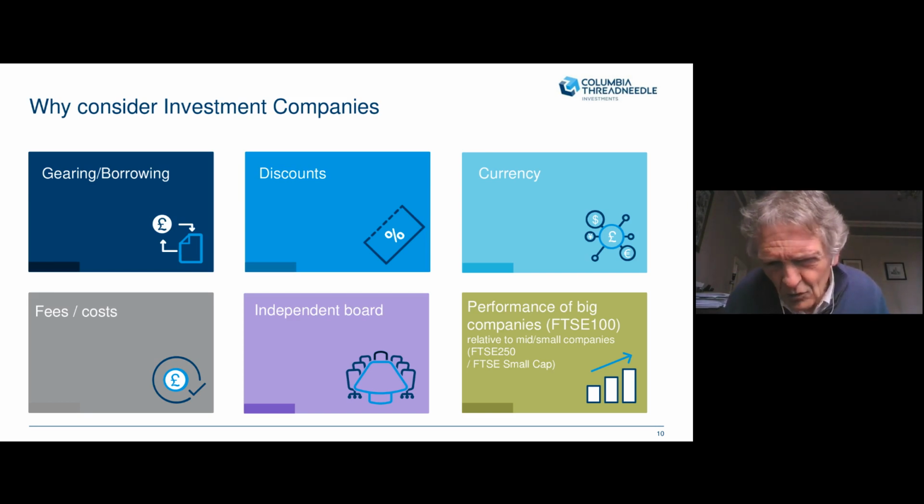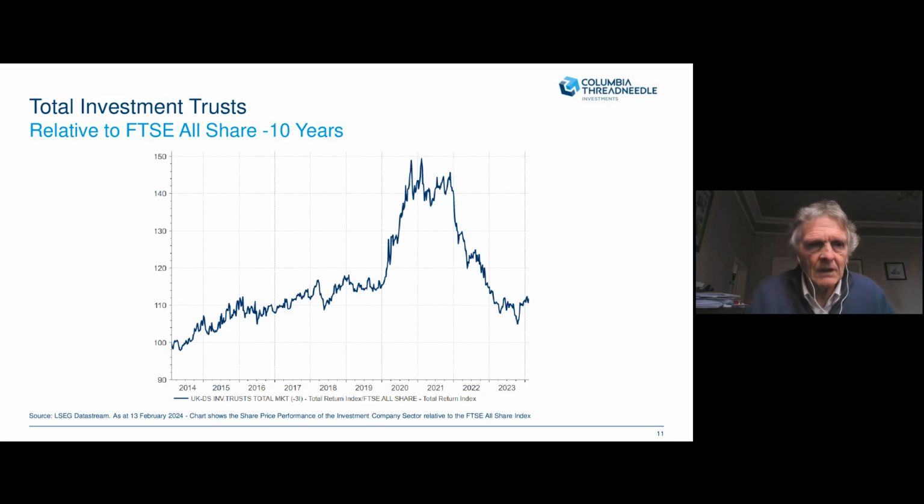That would be a huge bet you were taking. Much better to look for long-term growth, and that tends to reside in the mid and small caps in the UK. They've underperformed until recently, and that's one of the reasons why this is an interesting time to be considering a managed portfolio trust and indeed investment companies.